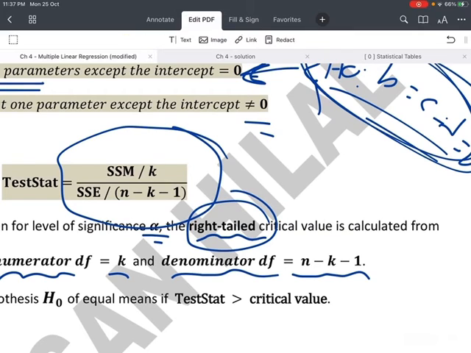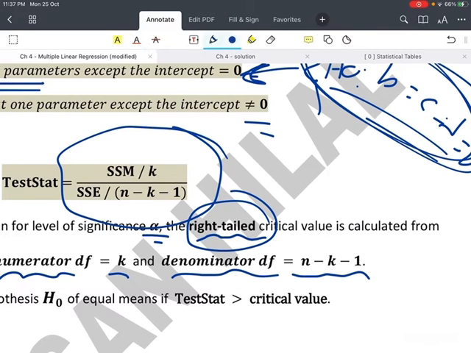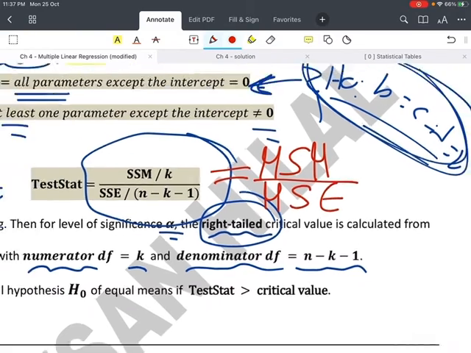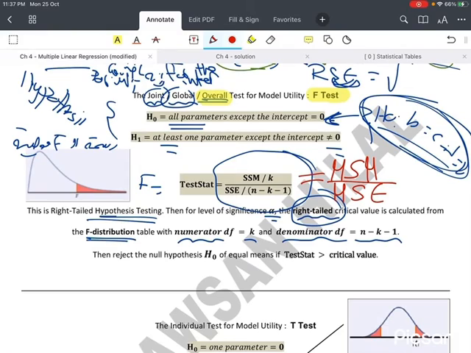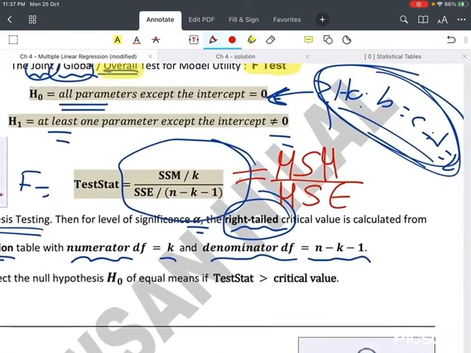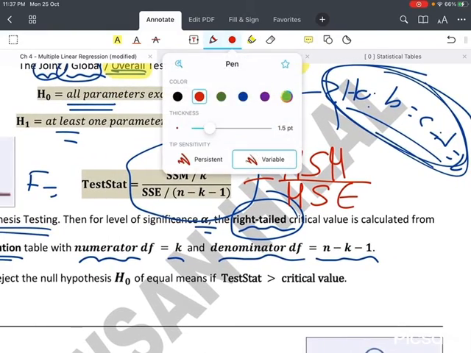I'll write it in red to be clear. You can write it as mean square model over mean square error. Okay, this will be the F test.